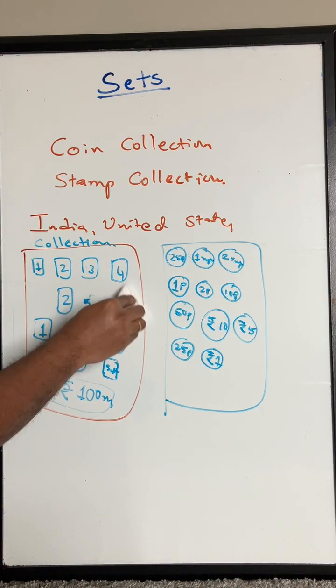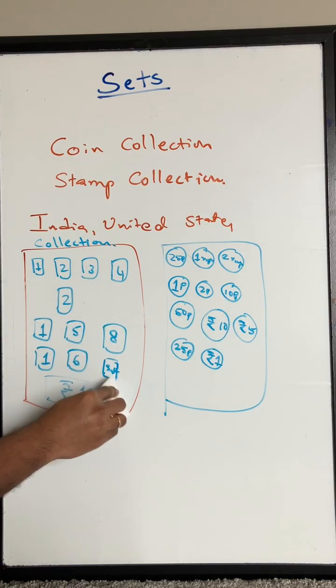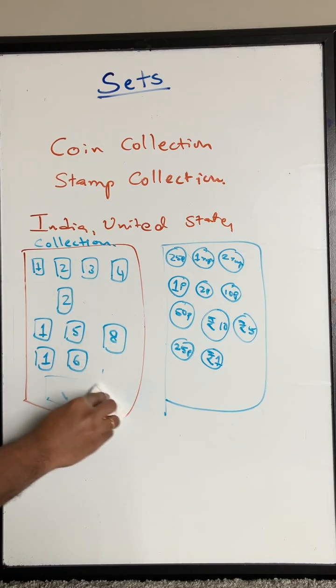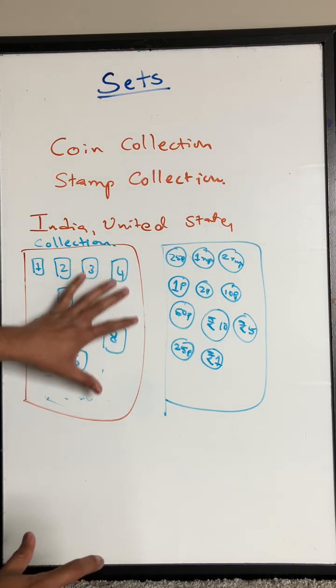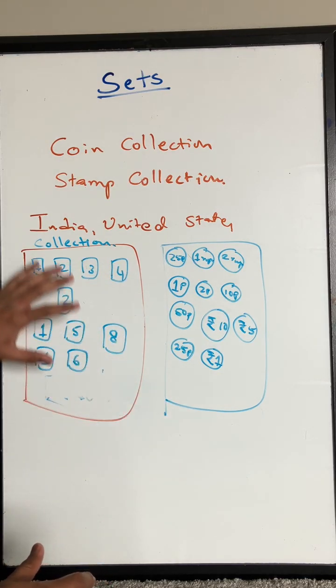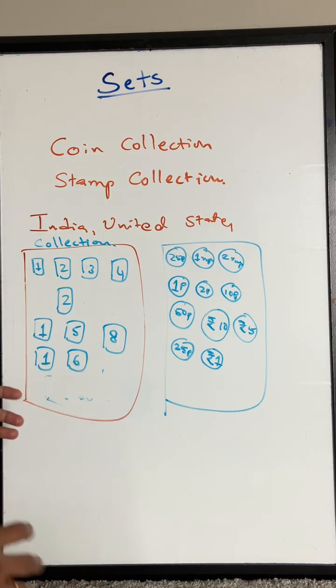So well defined means you can properly say, oh, I have a collection of stamps. I have a collection of toothpaste. I have a collection of notes. So different things. But in that collection, all the objects somewhere should be related to each other.